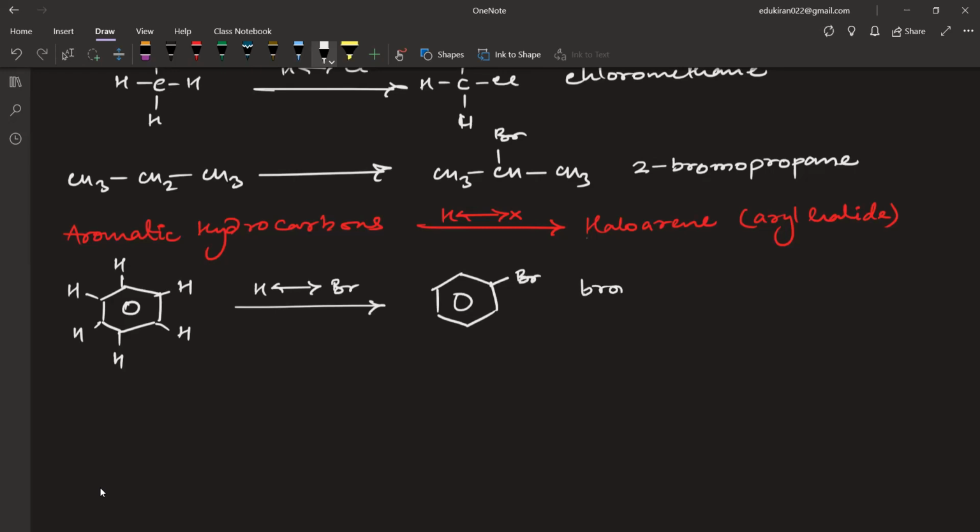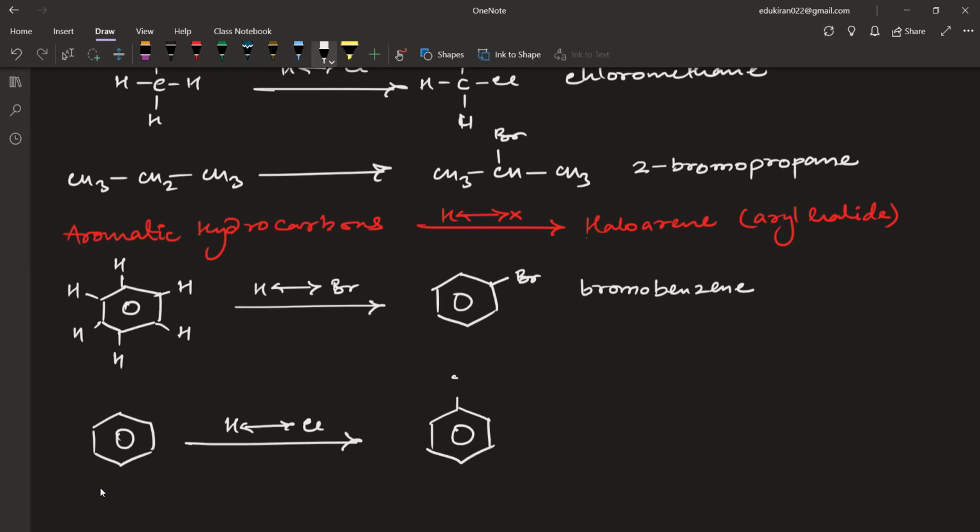The halo is bromo here, and the arene is the benzene ring, so bromobenzene. Similarly, you can replace hydrogen with chlorine, so it will be chlorobenzene. These are simple cases. Is this clear, yes or no? Easy things.